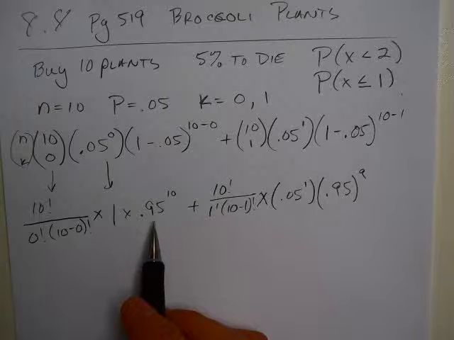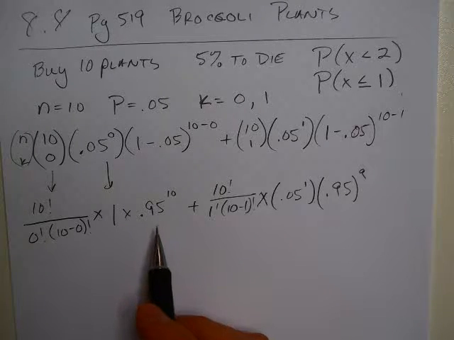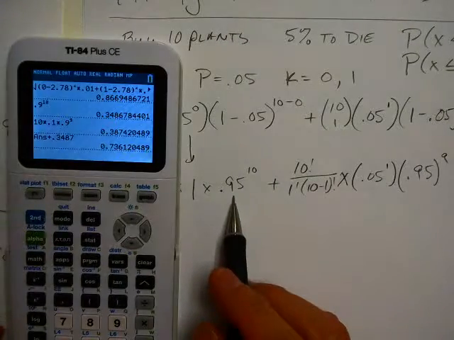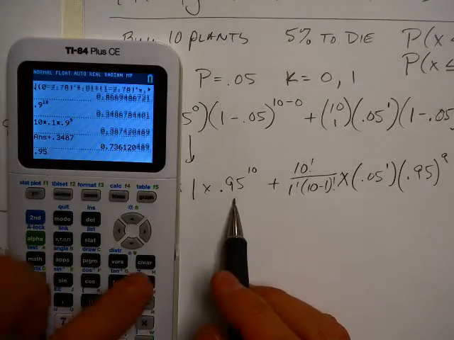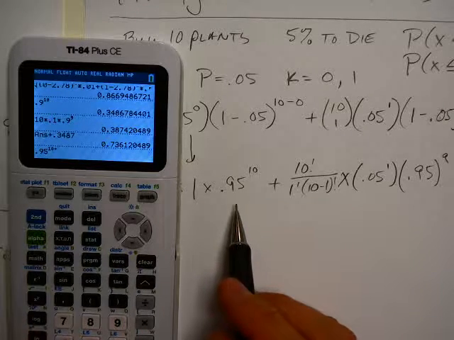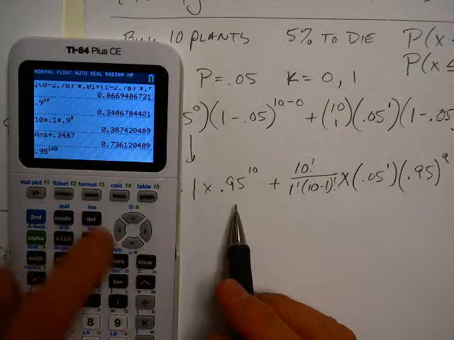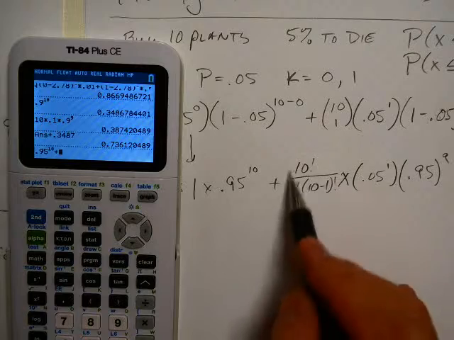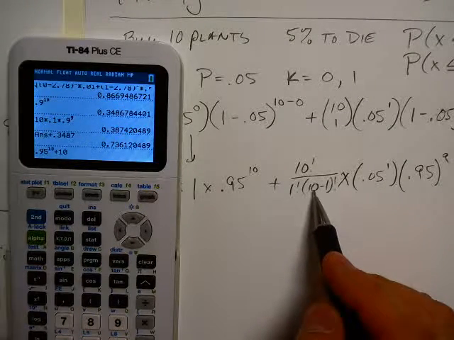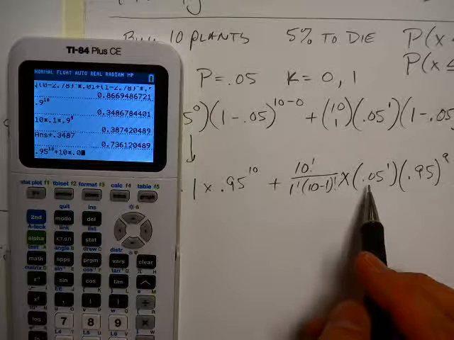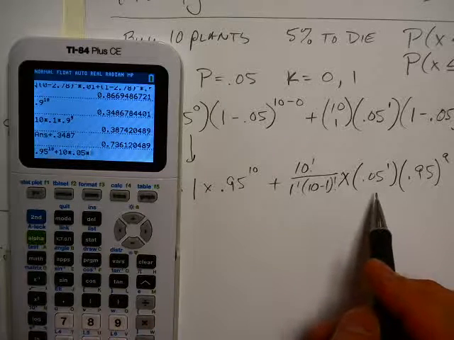So this is 0.95 to the 10th power plus, this is going to simplify to 10 times 0.05 times 0.95 to the 9th power.